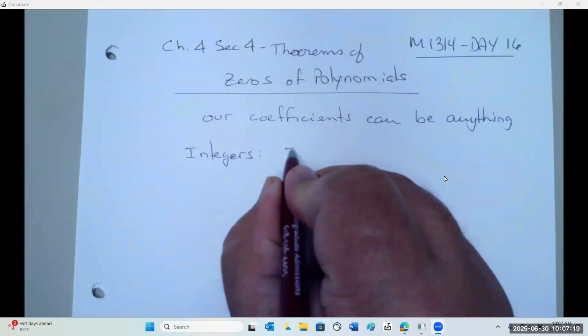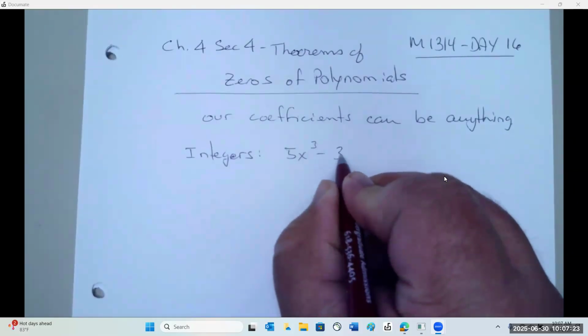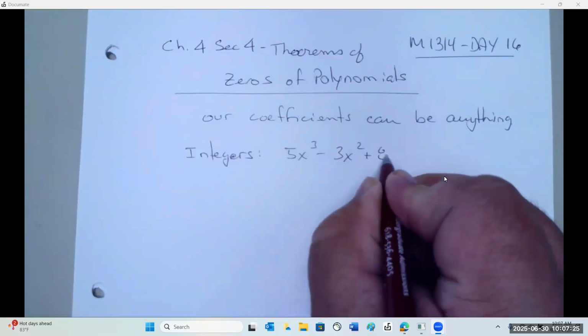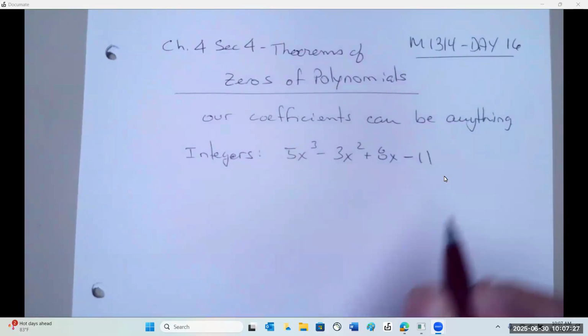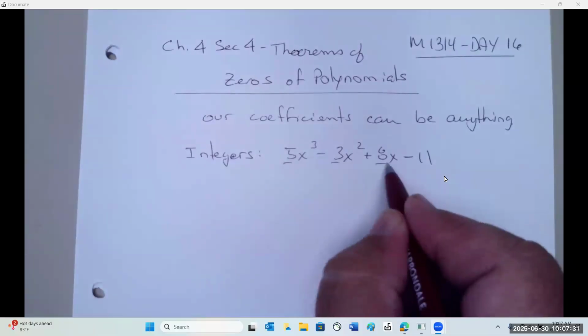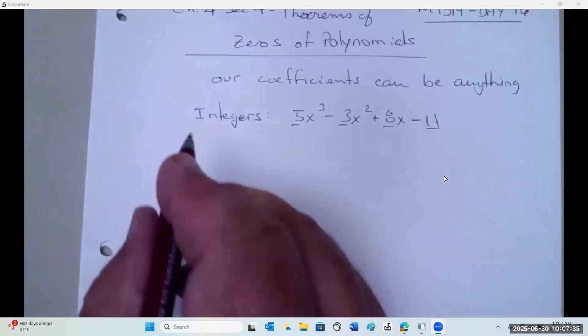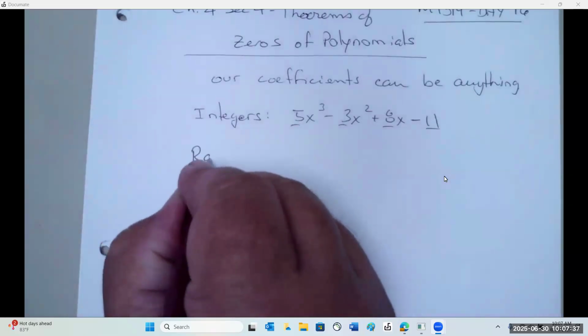They can be integers, like we had over here. Our coefficients are numbers. Those are integers. They can be rational.